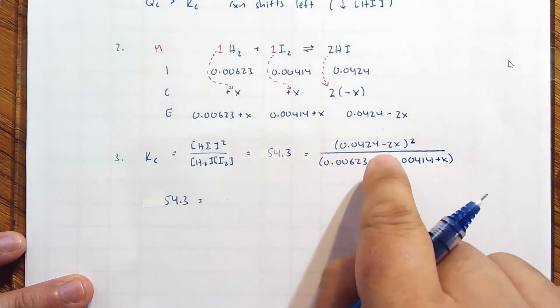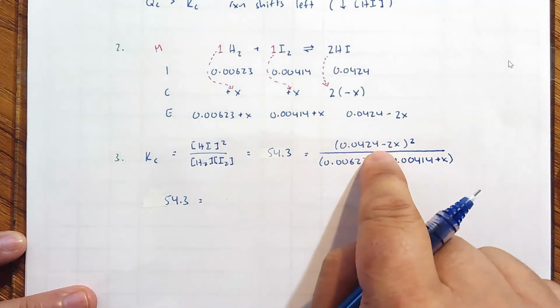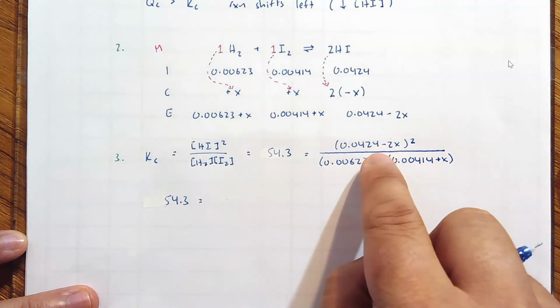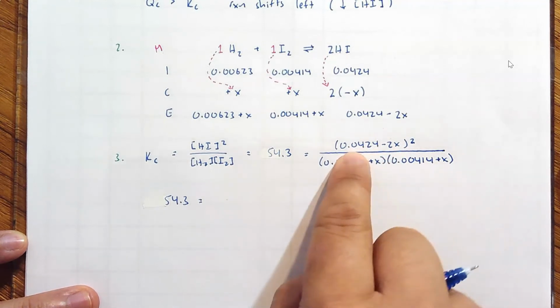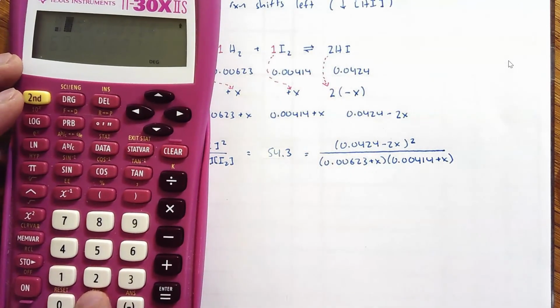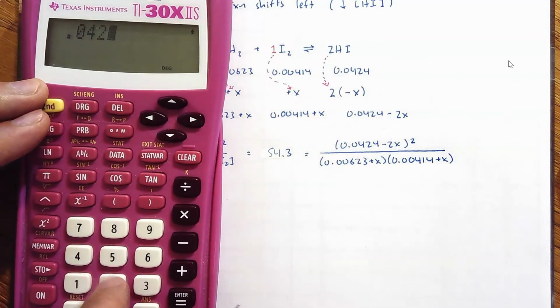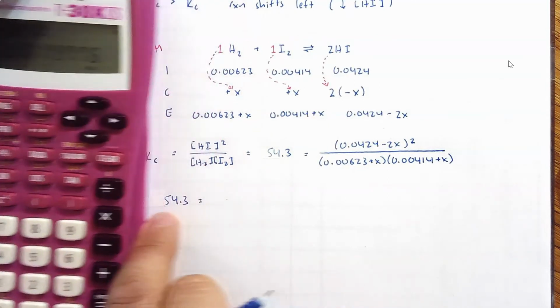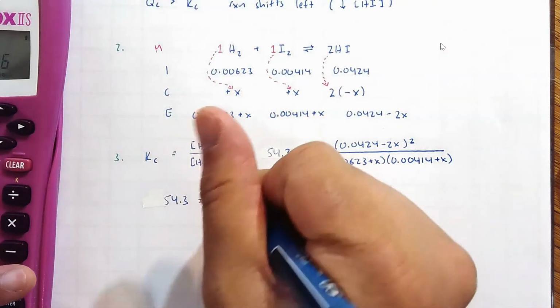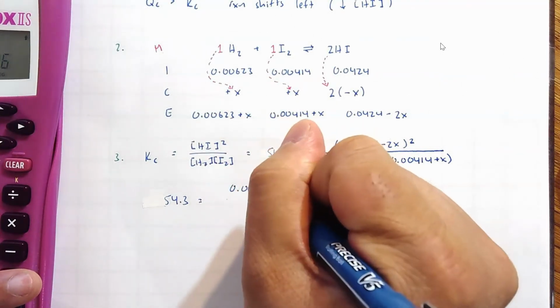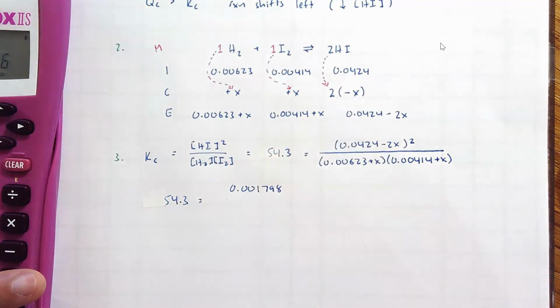I'm just going to go ahead and let's do the numerator first. So it's this squared, 0.0424 squared. Okay, so that's a term that doesn't have the x. 0.001798.